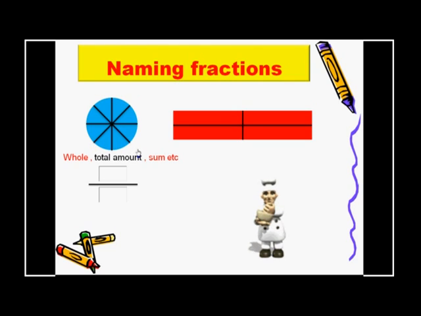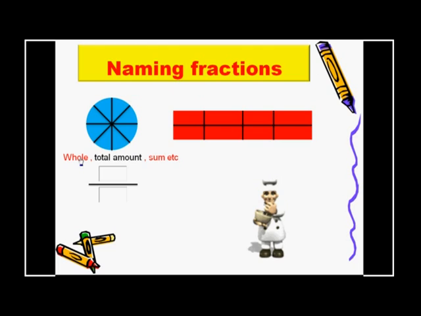Now, what did I do this time? Okay, I divided the circle into one, two, three, four, five, six, seven, 8 parts. And the same for the rectangle: one, two, three, four, five, six, seven, 8. So we have just divided this circle into 8 parts and this rectangle into 8 parts.